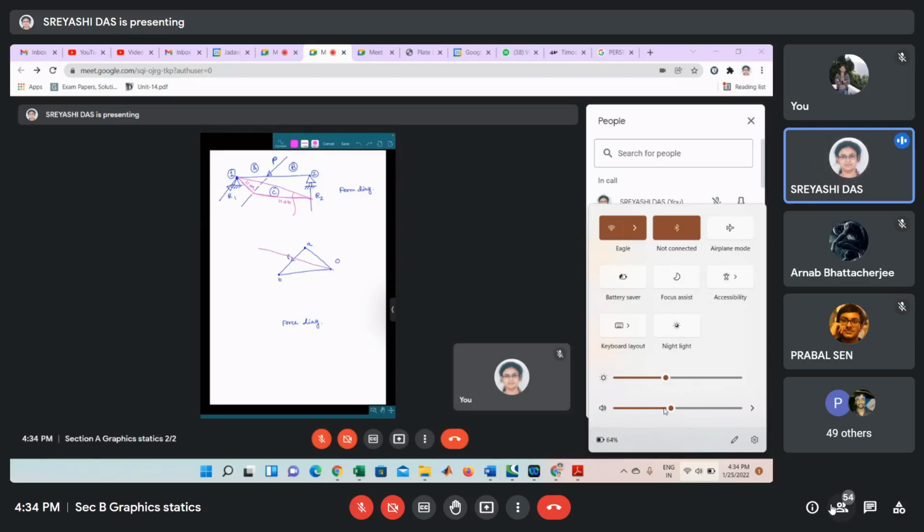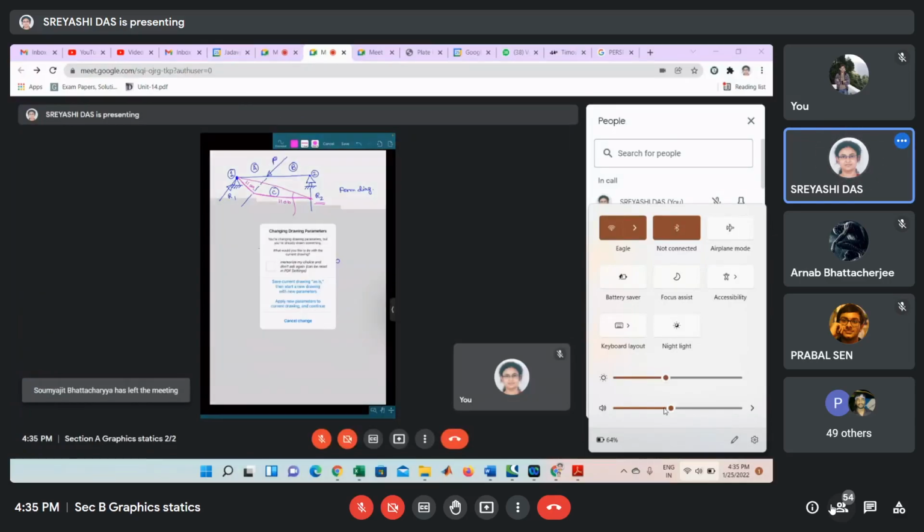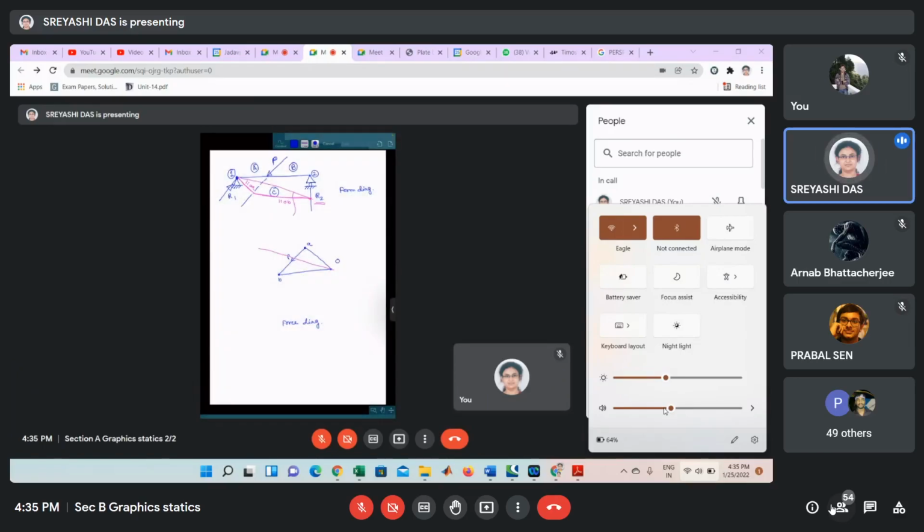You see, if you see this R2, this is vertically upward. So BC direction must be a vertical one. So from B, we have to draw a vertical line. And this pink line, which is parallel to the closing line, will cut this vertical at this joint C, because BC will be vertical.